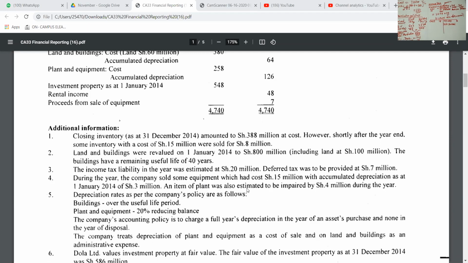An item of plant was also estimated to be impaired by 4 million during the year. So what was the sales proceeds? If you come to your trial balance, it's not a must they provided it there, but they gave us under the trial balance. Proceeds is the last item in the trial balance: proceeds from sale of equipment, 7.